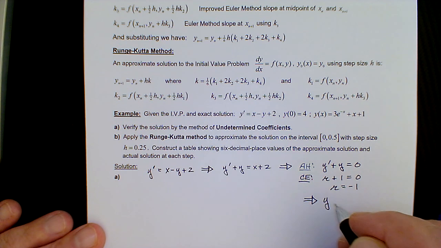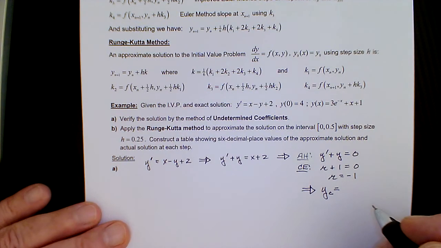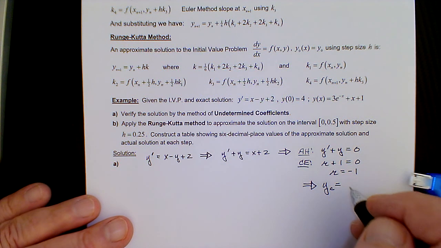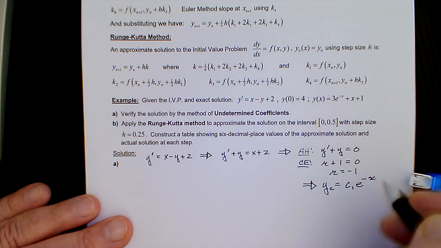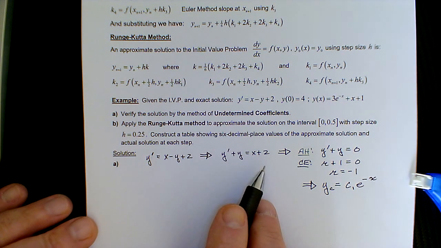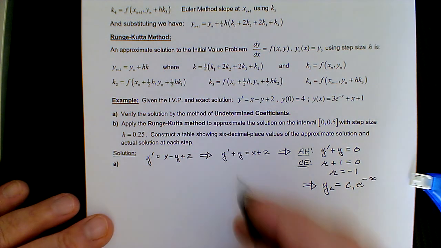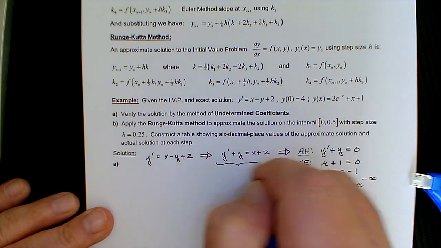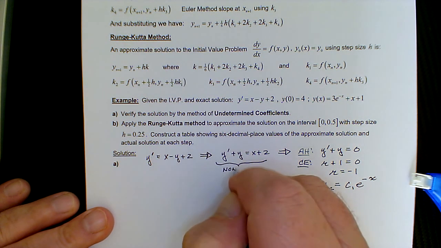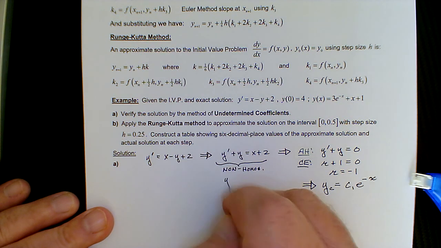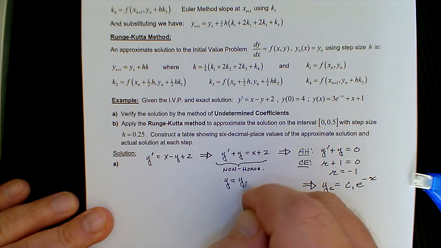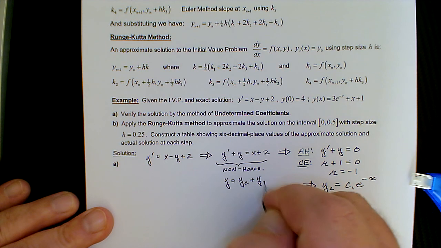So then our complementary function, or the solution to the homogeneous equation, is y sub c equaling c1 e to the -x. Okay, but this is non-homogeneous, so recall that the solution is composed of the complementary plus the particular.